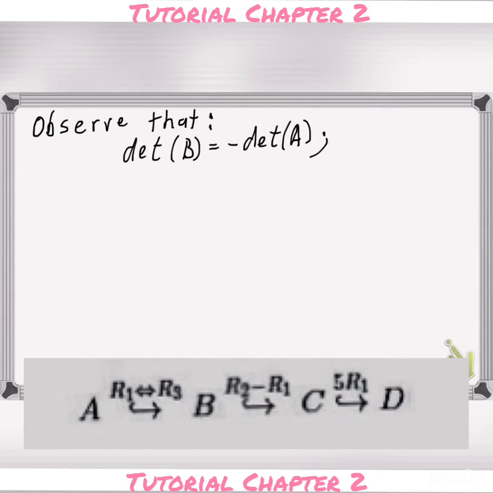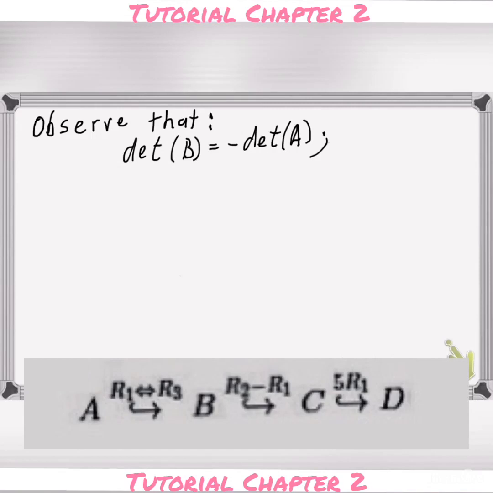Because to go from A to B, you need to interchange the first and the third row of A. So interchanging two rows, the determinant of the new matrix is negative the determinant of the old matrix. And to go from B to C, we need to take a multiple of the first row and add that to the second row.